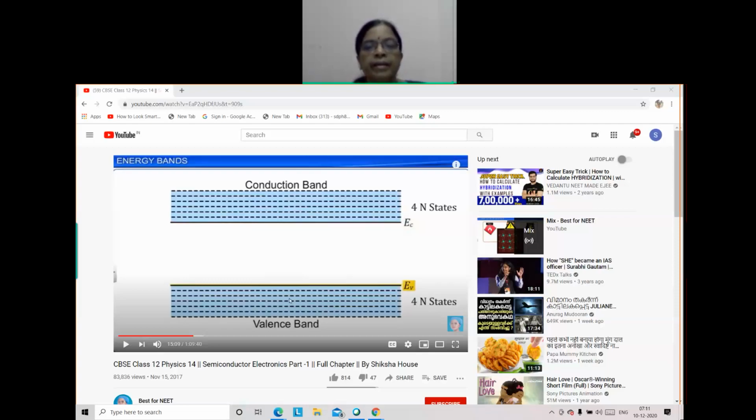When it forms a crystal, neighboring germanium atoms will interfere with outermost shells, and electrons will have different energy levels. And all the valence electrons will be occupied in the valence band.